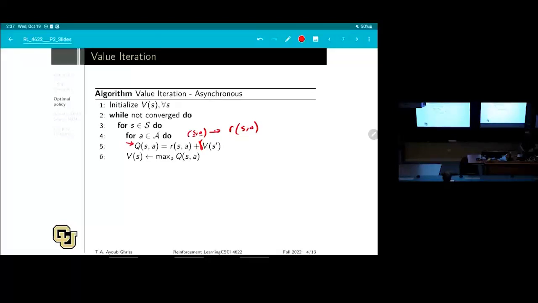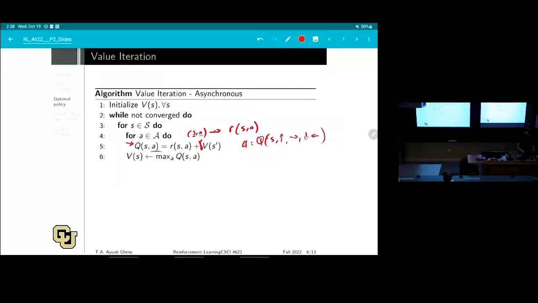Once we do that, we just update our Q. You're saying, well, we didn't initialize Q. We don't need to, because in this case we only need Q in this loop. Let's say we have 4 actions, like in the toy environment. So we only have Q of S for up, right, down, and left.